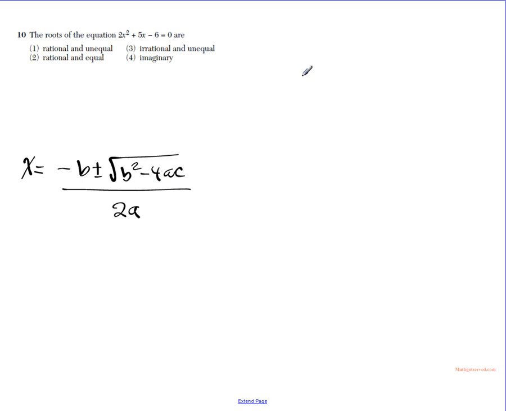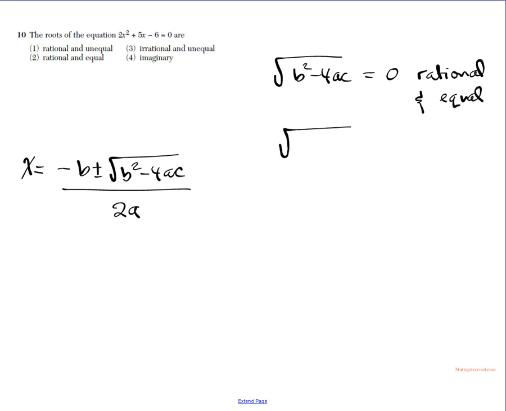So we're going to focus our energy on the square root of b squared minus 4ac. Now, if this is equal to 0, we're going to have two rational and equal roots. All right.